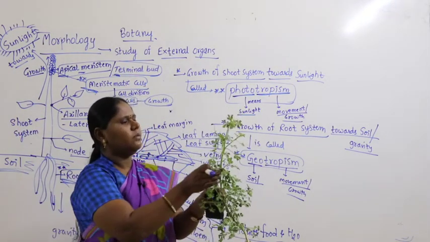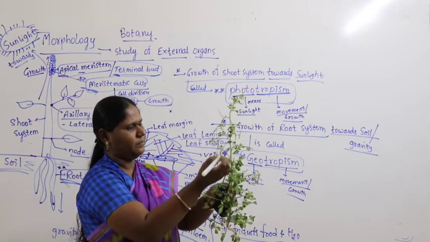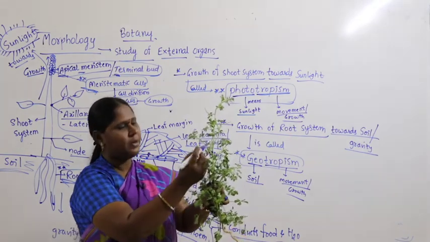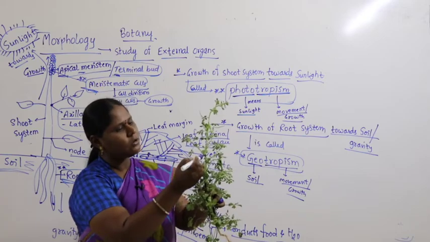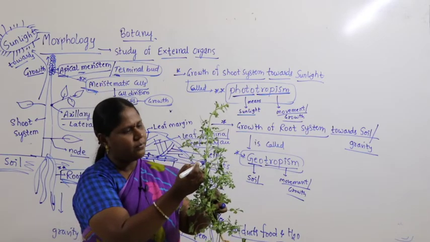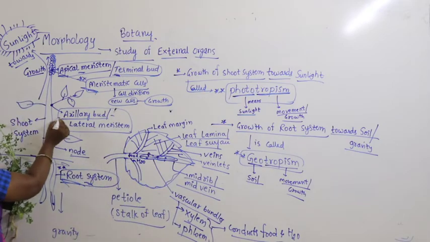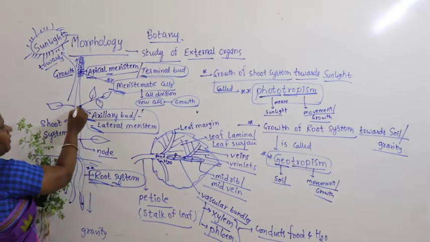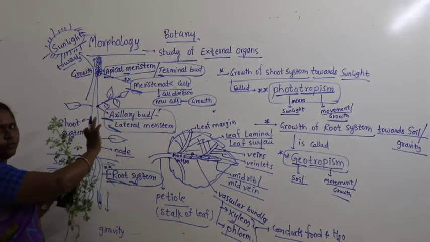Next, see here the place where a branch is developing. It is growing laterally, laterally means side. This is called axillary bud or lateral bud. This is a bud which gives rise to a branch or to a leaf.